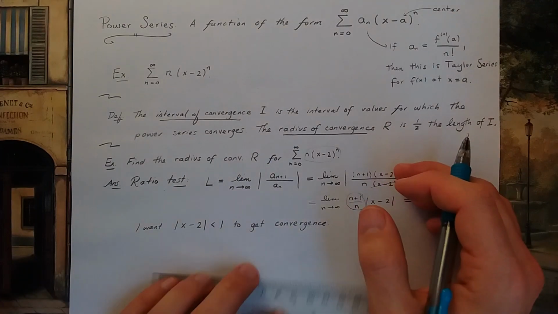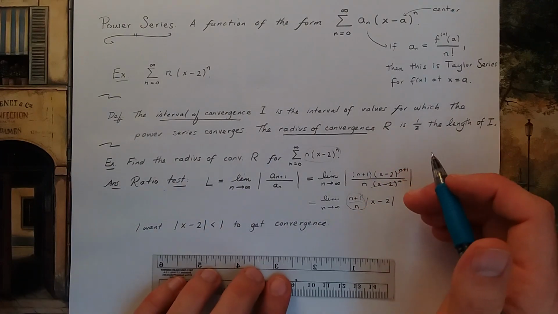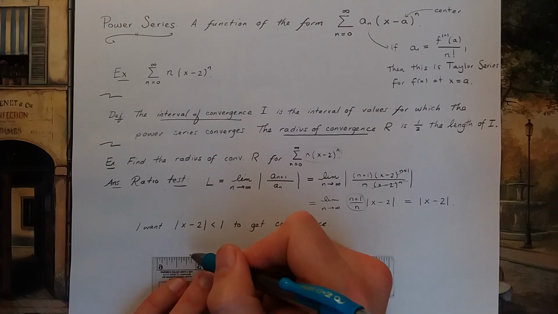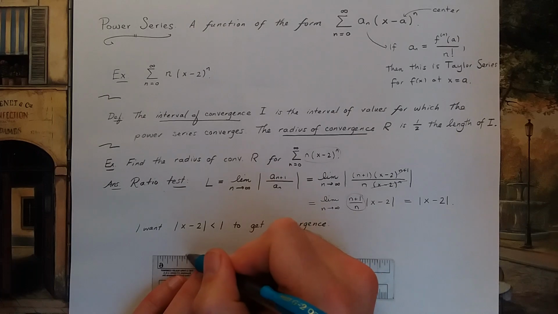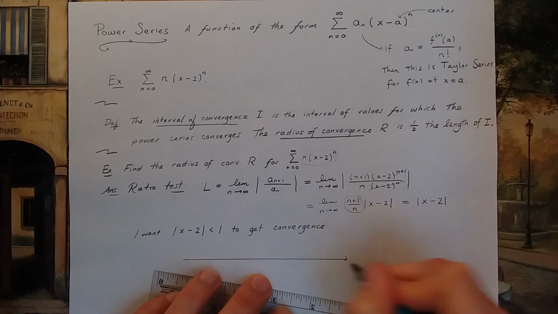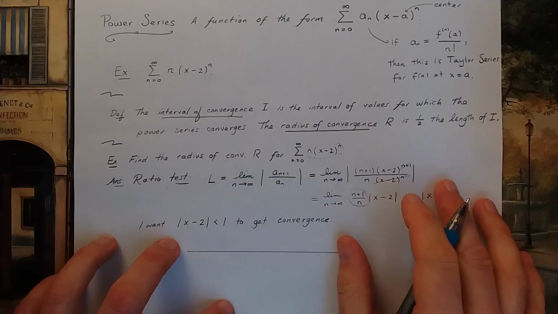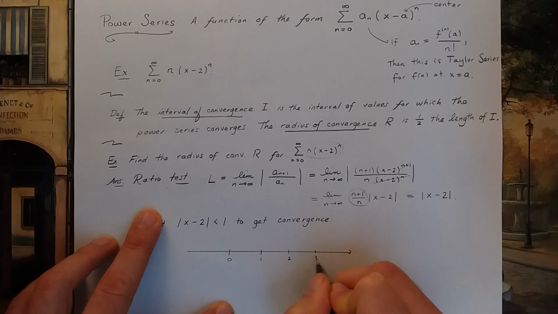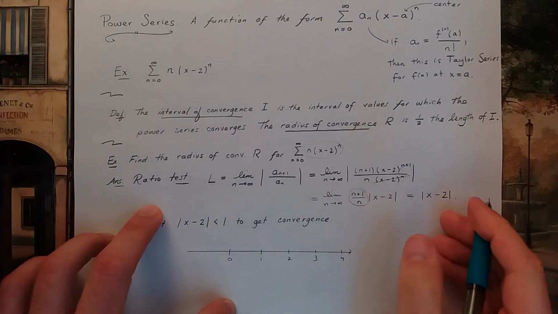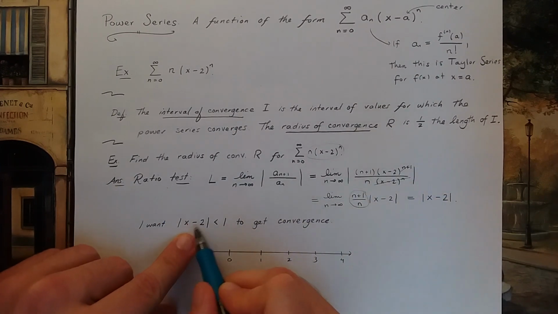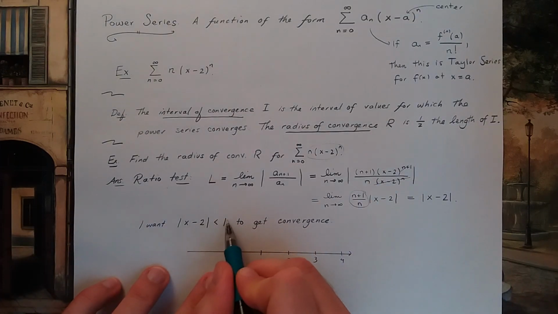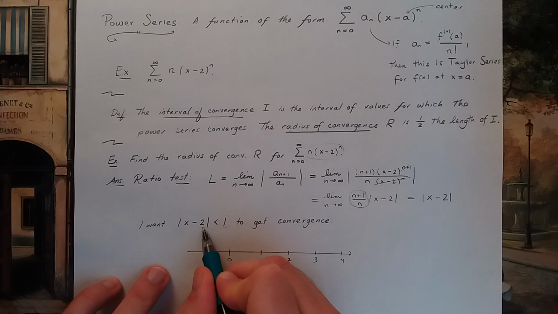So let's draw a number line and plot the values of x that make this true. There's my number line. Maybe here I have 0, 1, 2, 3, and so on. The inequality absolute value of x minus 2 less than or equal to 1 says the x values have to be 1 away from 2.